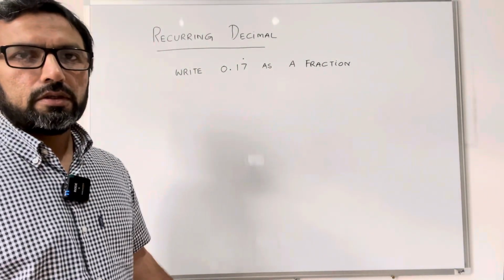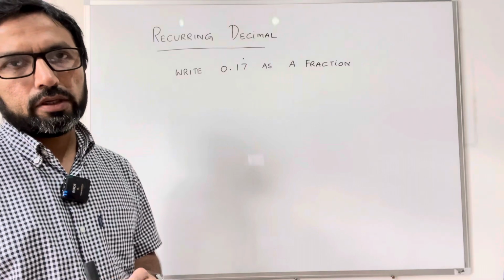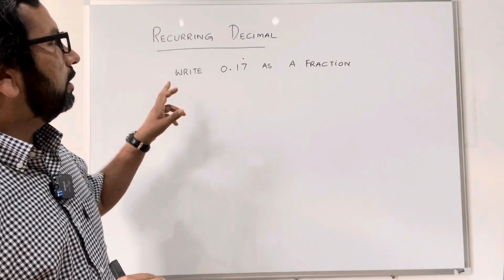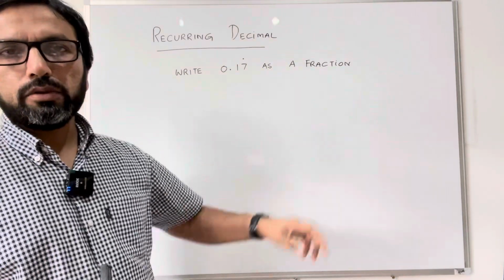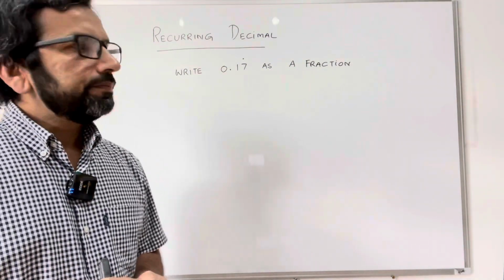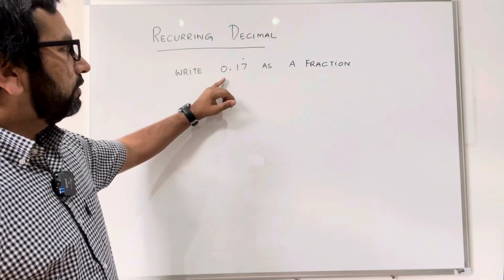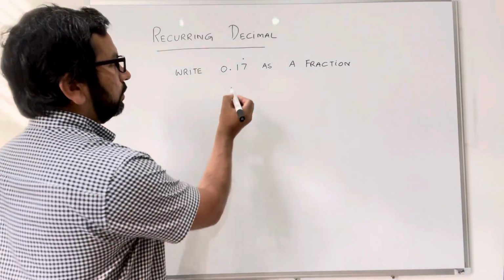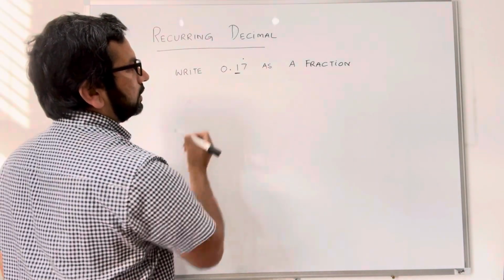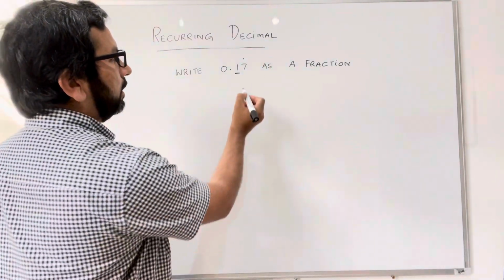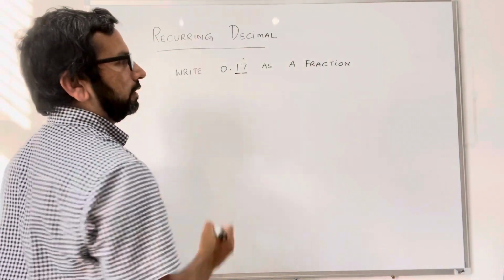Hello. Today we are gonna learn how to change a recurring decimal into a fraction. If you look at this recurring decimal, there are two parts. One part is a non-repeating part and the other one is a repeating part.